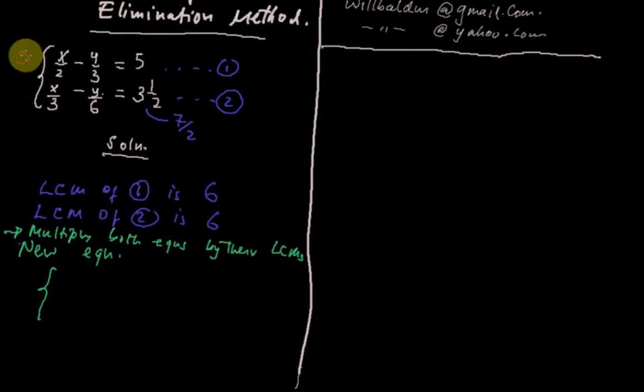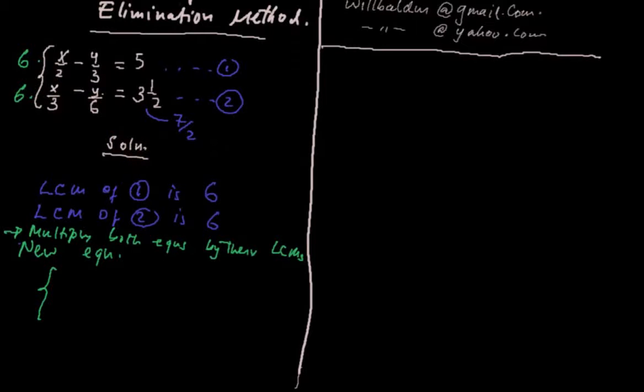So the equation is going to look like this. We are going to multiply here by 6 and here by 6. I said do not put a cross for multiplication because it looks like x, so I'd rather put a dot.